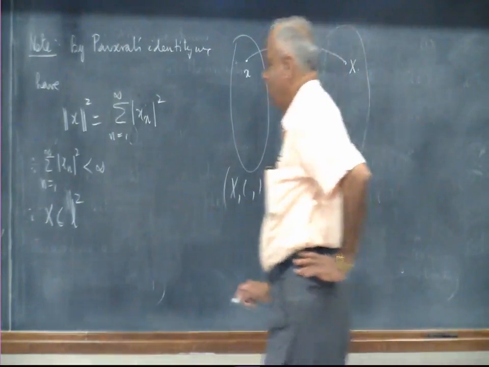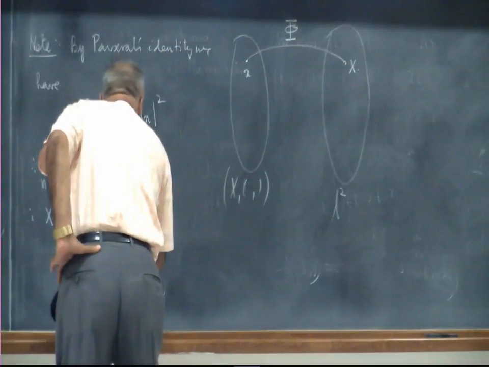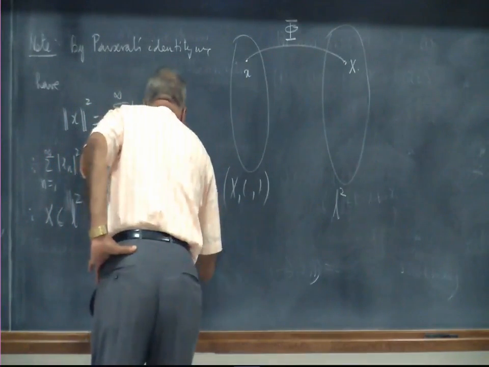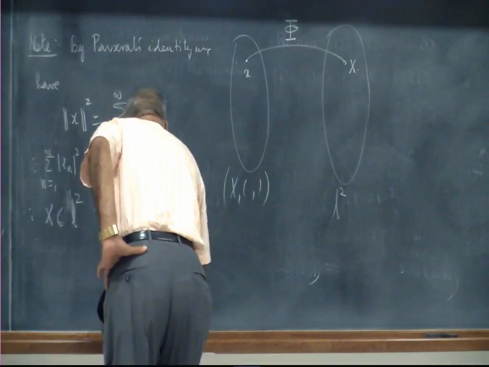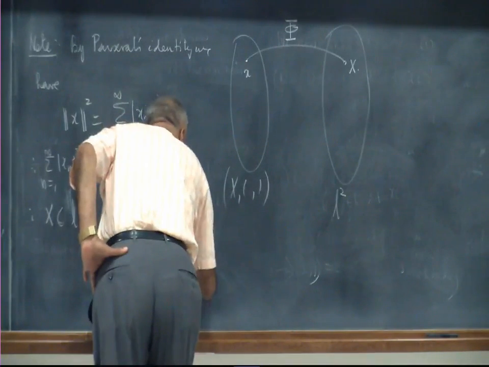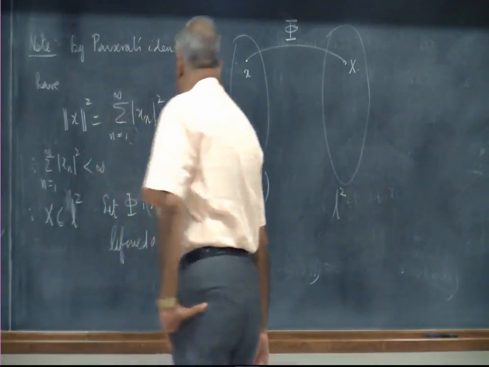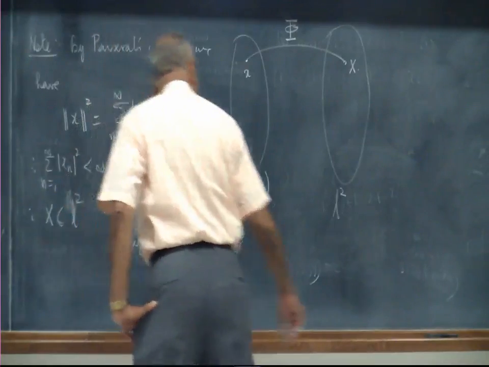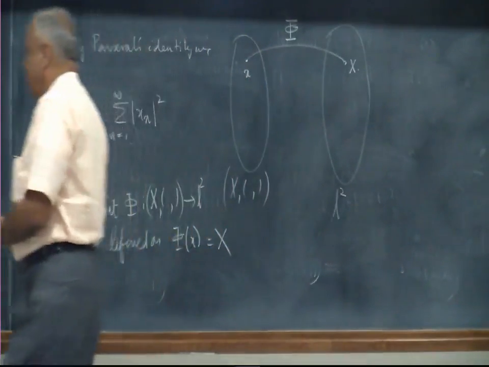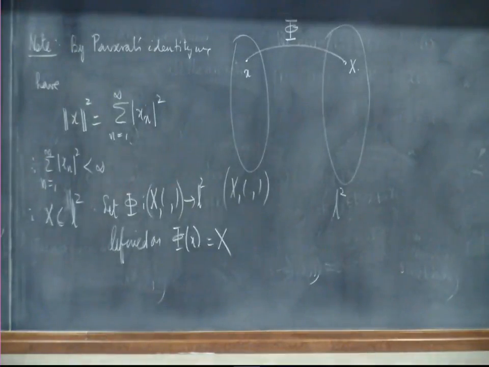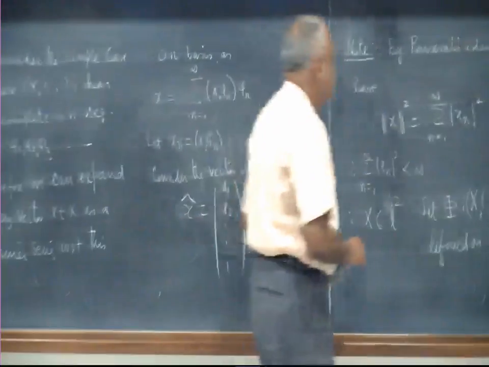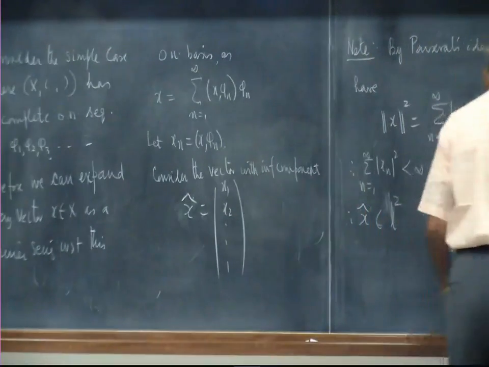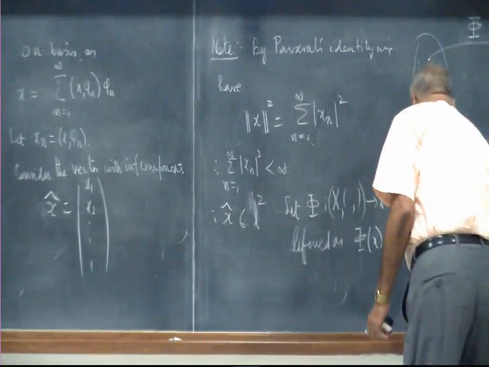So, let phi be a mapping from X to l2 defined as phi of x equal to x. This is a terrible notation, with too many x's, so I will call it x hat.